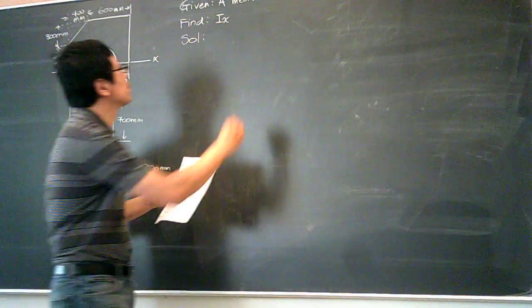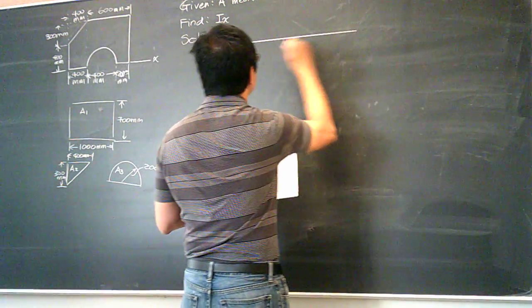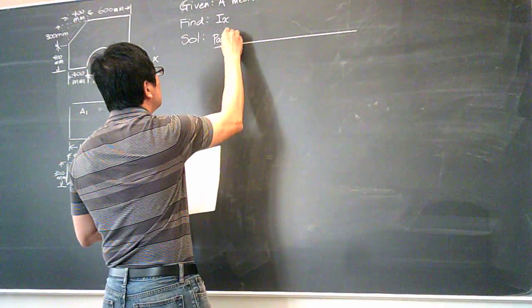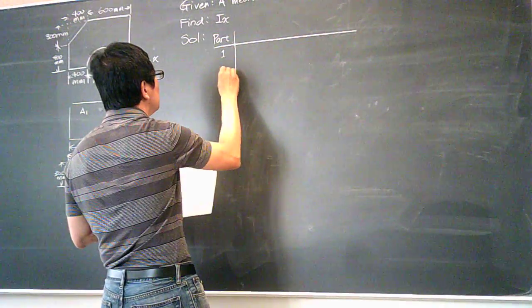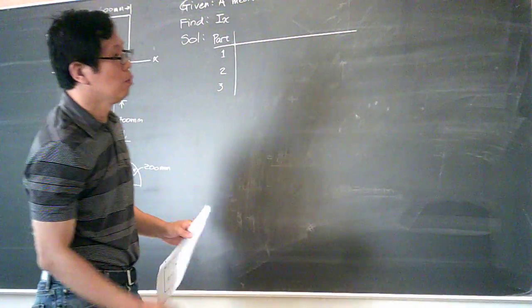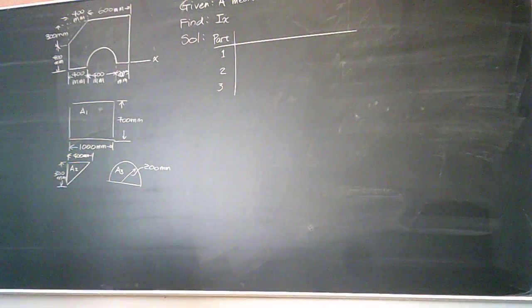Okay? Table. 1, 2, 3. Based on the formula over here, what do I need to have? I need to have the moment of inertia about its centroid.